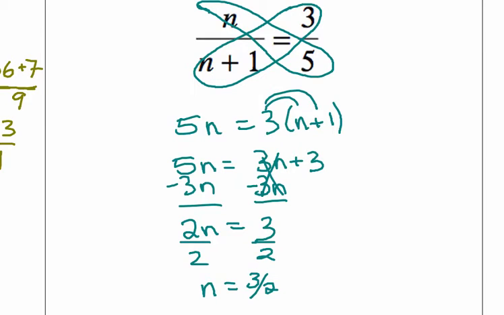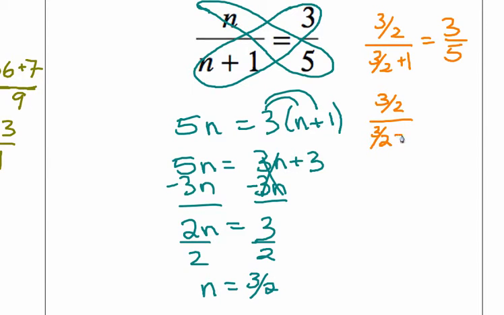Let's plug that back in and see if it works. So 3/2 divided by 3/2 plus 1 should equal 3/5. Okay, so 3/2 over, let's see, 3/2 plus 1 is the same thing as 3/2 plus 2/2, because 2/2 equals 1. So we have 3/2 over 5/2. That should equal 3/5.